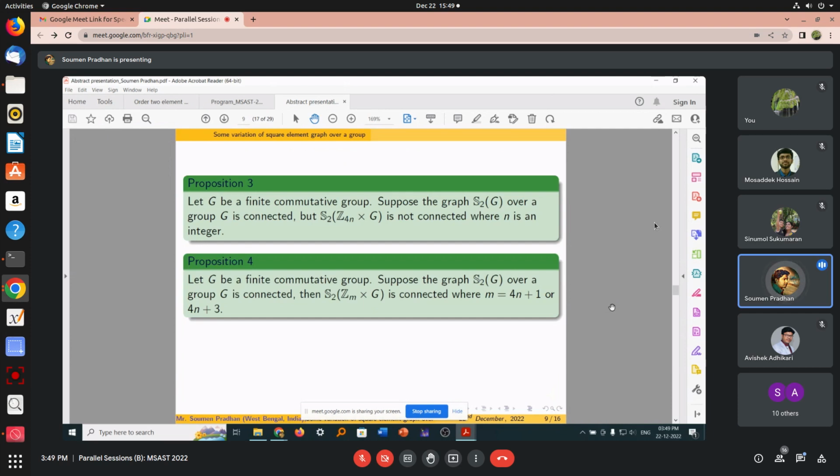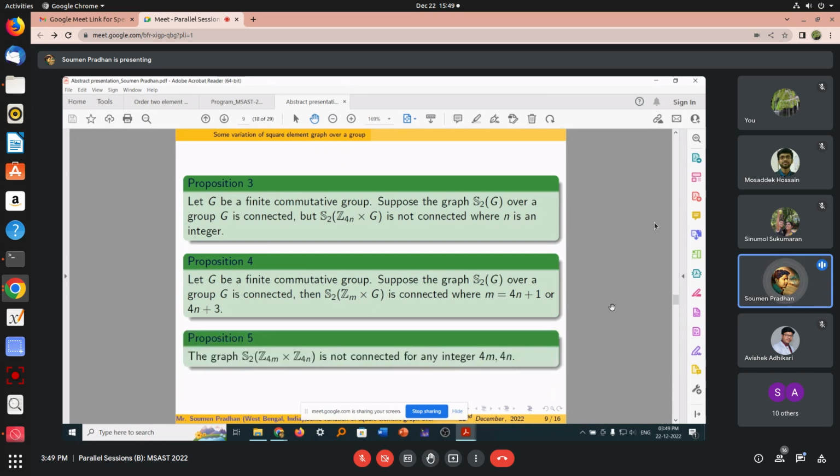And the next proposition states that for a finite commutative group G with S2(G) connected, S2(Zm × G) is connected where m is of the form 4n+1 or 4n+3. And the next proposition states that the graph S2(Z4m × Z4n) is not connected for any integers m and n.